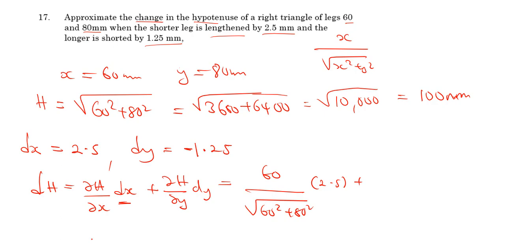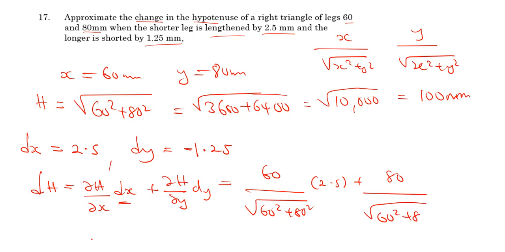Plus partial of h with respect to y. Similarly, we had y over the square root of x squared plus y squared. We get 80 on top, and down there 60 squared plus 80 squared, multiplied by negative 1.25.